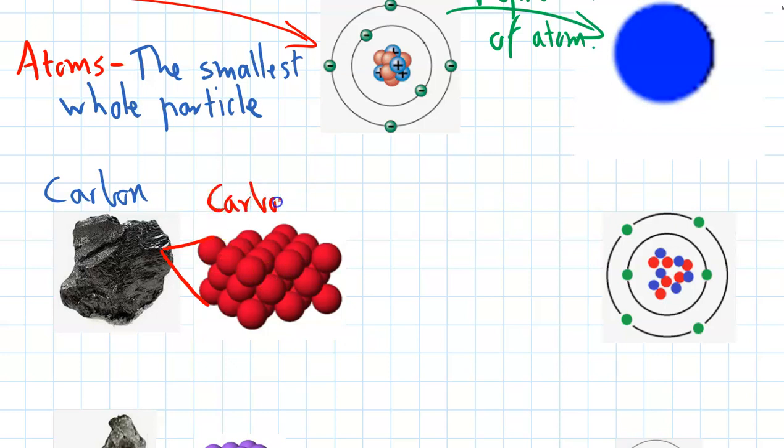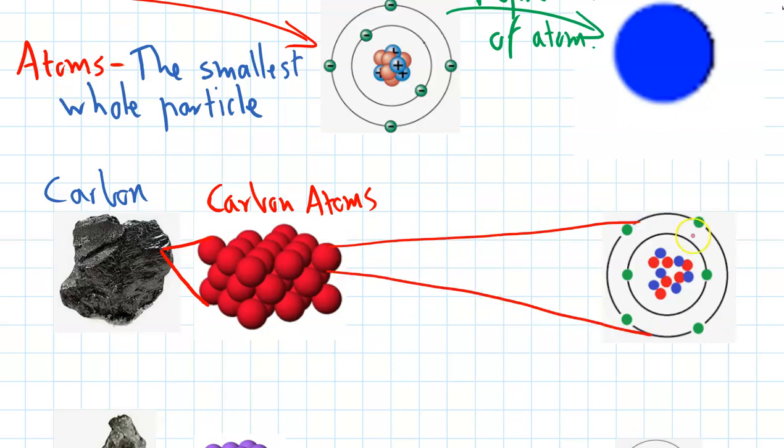And only carbon atoms. And obviously, if we zoomed in on one particular carbon atom, we'd see what we expect. We've got a carbon atom, and remember that carbon is element number 6. So we've got 6 protons, 6 neutrons, and 6 electrons here.